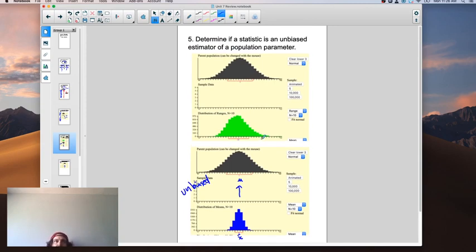Let's take a look at this one up here. This is the range. We used this before. If you're trying to estimate the population range with the sample range, it's not going to go well. Now it looks like these two marks are lined up on each other, but these are ranges.